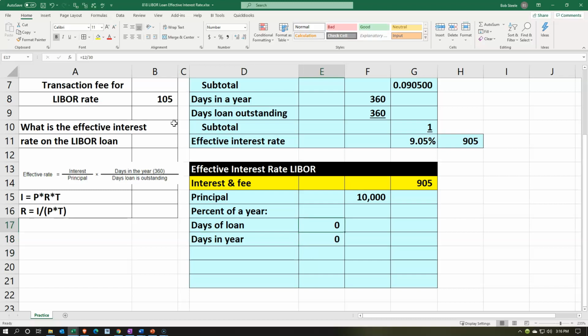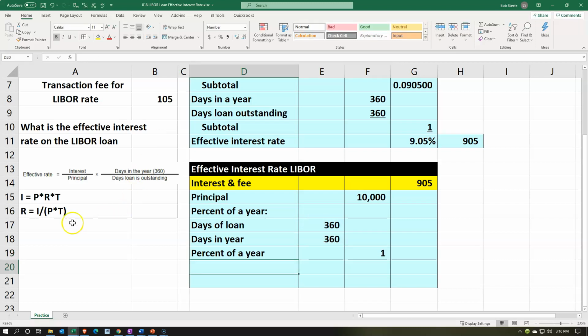So something happened here. Equals 12 times 30, and this equals 12 times 30. All right, and so it's going to be 1.